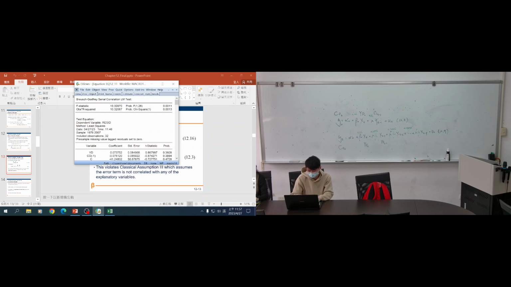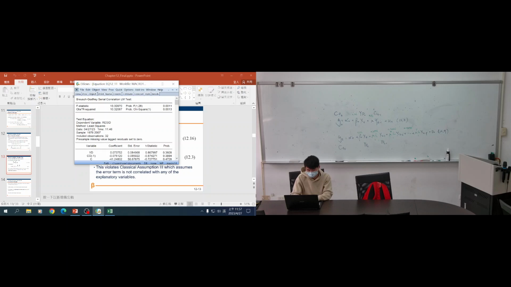Then how do we know the variable is stationary? We have to test for what? Stationarity. There are many methods. So we're going to talk about the Dickey-Fuller test and also the augmented Dickey-Fuller test. That's very basic in time series data.